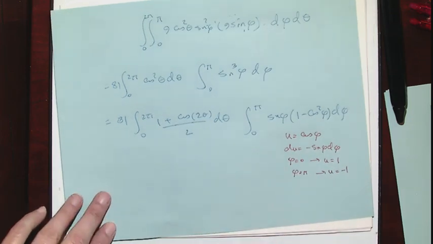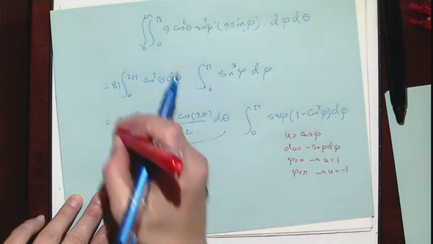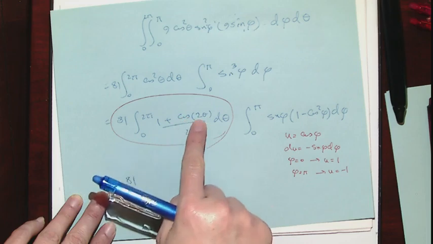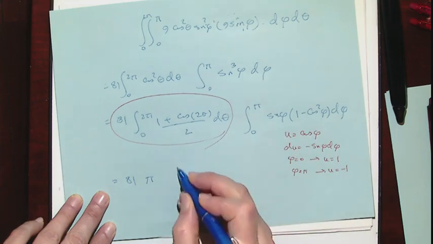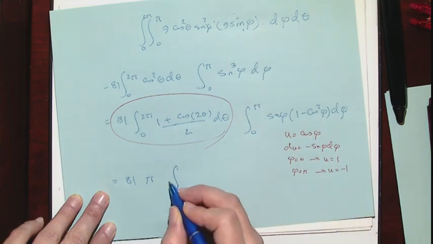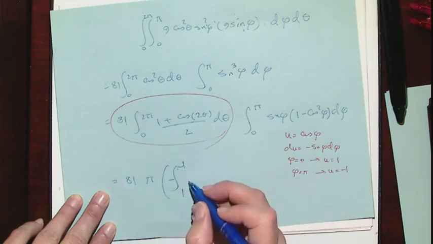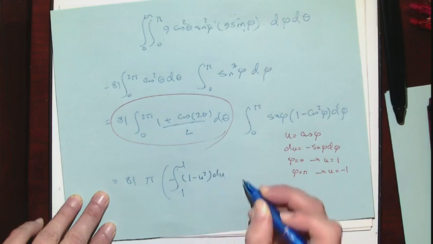So this one is going to be what? Just AD1, and I know cosine of 2 theta over 0 to 2 pi is going to be 0. Therefore, it's just pi. This part of the integral is going to become negative 1 to 1, 1 minus u squared du.